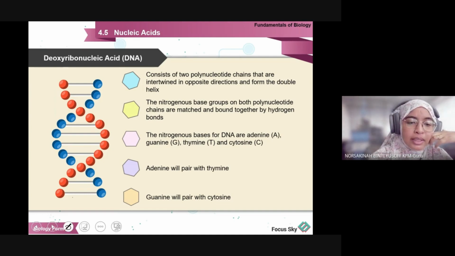How to remember this? Adenine and thymine, AT: apple on a tree.